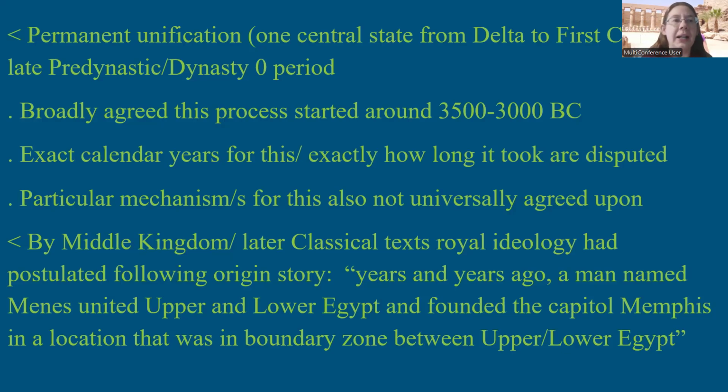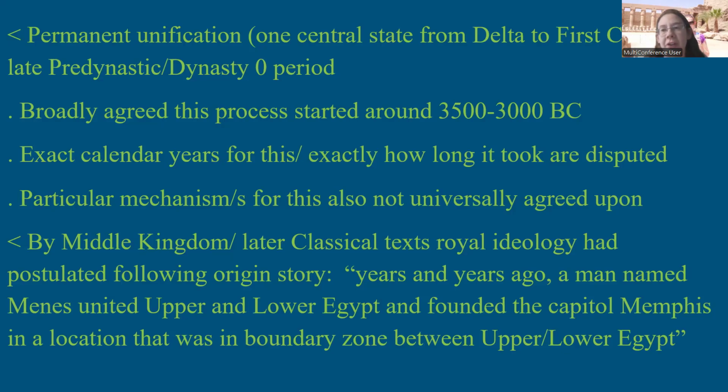However, by the Middle Kingdom, the royal ideology that had come to coalesce around the origin story of the state was this: way back in the deep mist of time, there was a ruler named Menes who started out as just one of these local rulers, but he decided at some point to unite Upper and Lower Egypt.